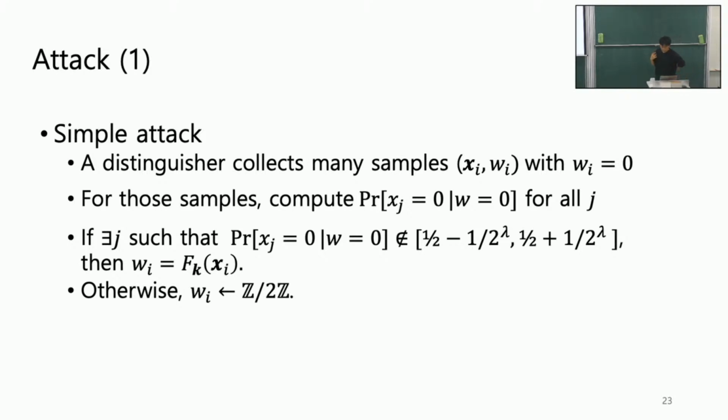Here xj is the jth component of vector x. If there is an index j such that the conditional probability is not contained in the interval, then we can conclude that omega I is an output of fk of x. Otherwise, we conclude omega I comes from the binary set.